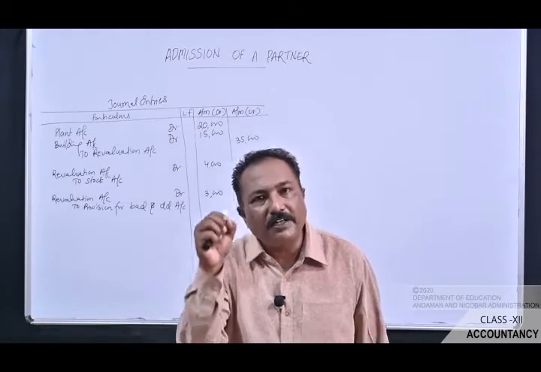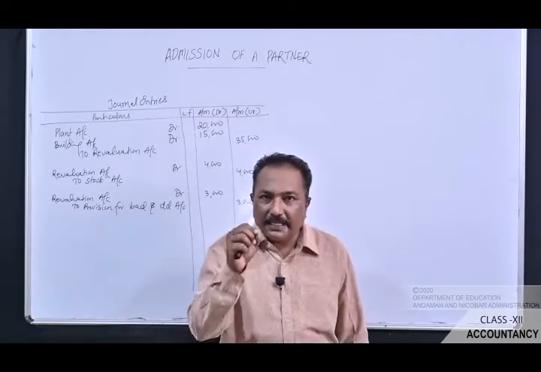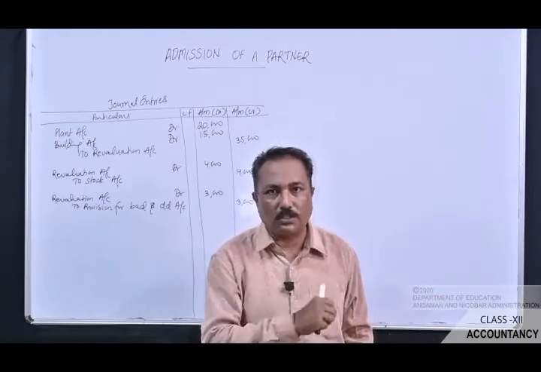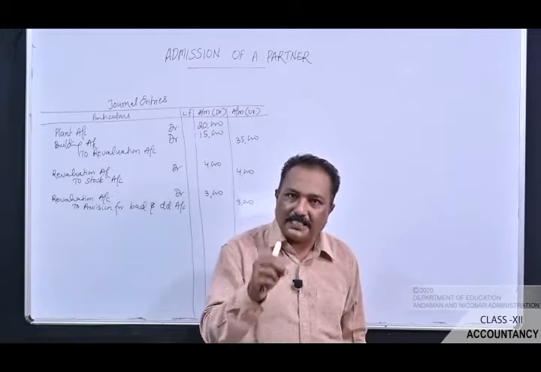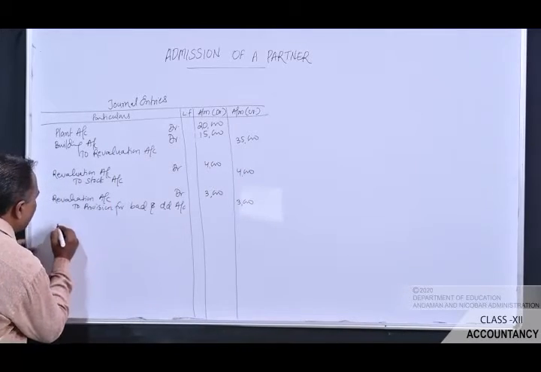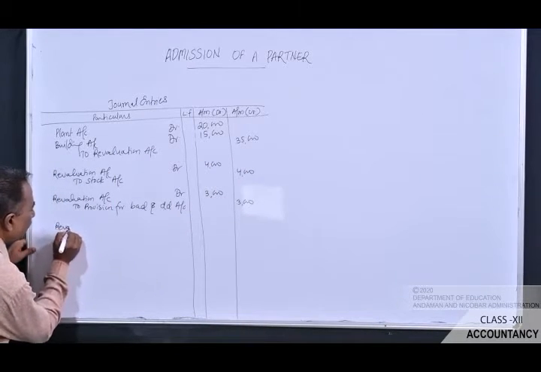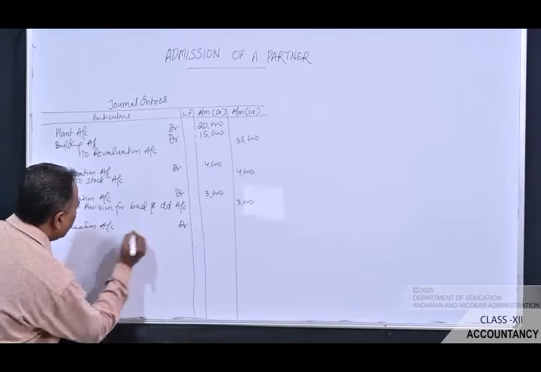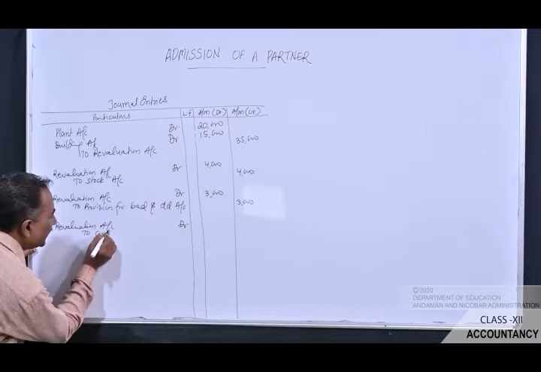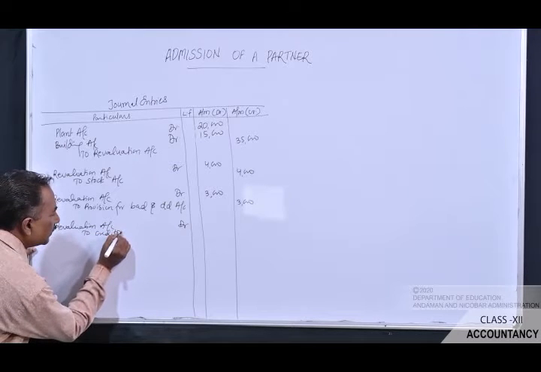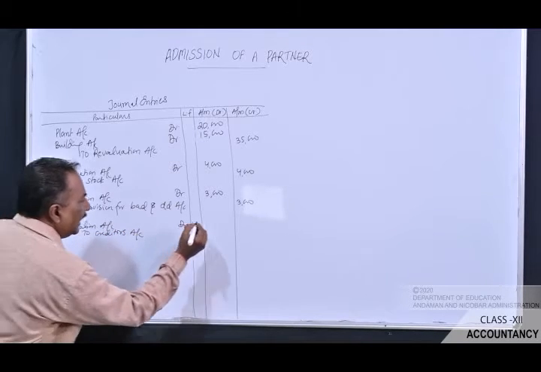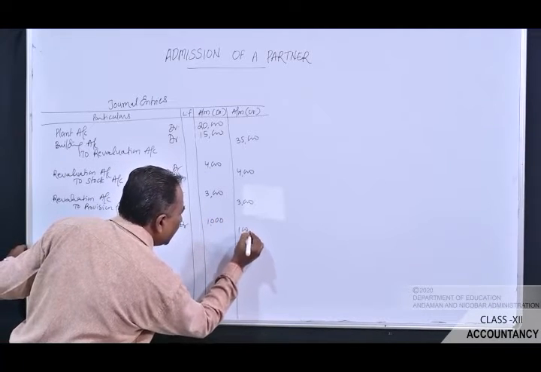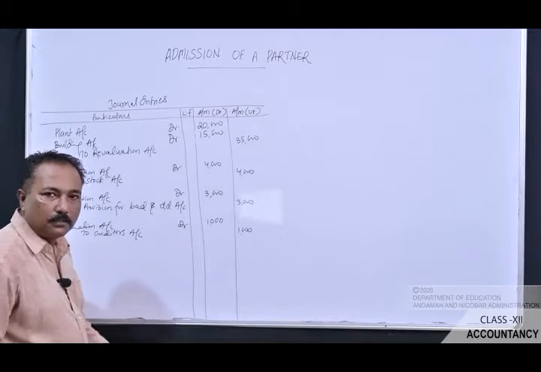The item which is given in point number 5, this amount is not included in that rupees 58,000, and for this purpose you have to pass the general entry as revaluation account debit to creditors account, and you have to write down the amount here as rupees 1,000.